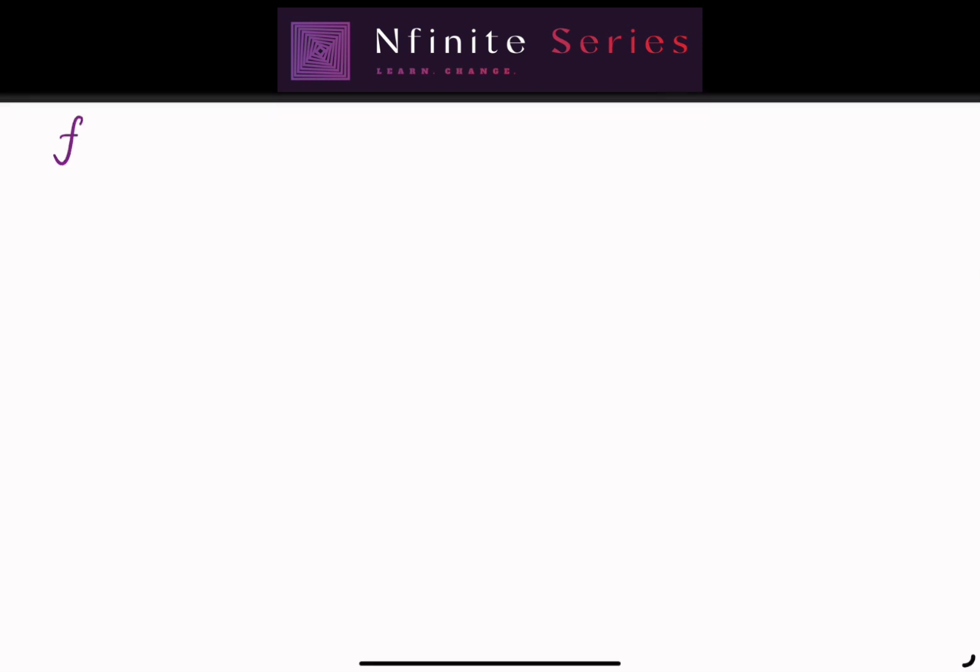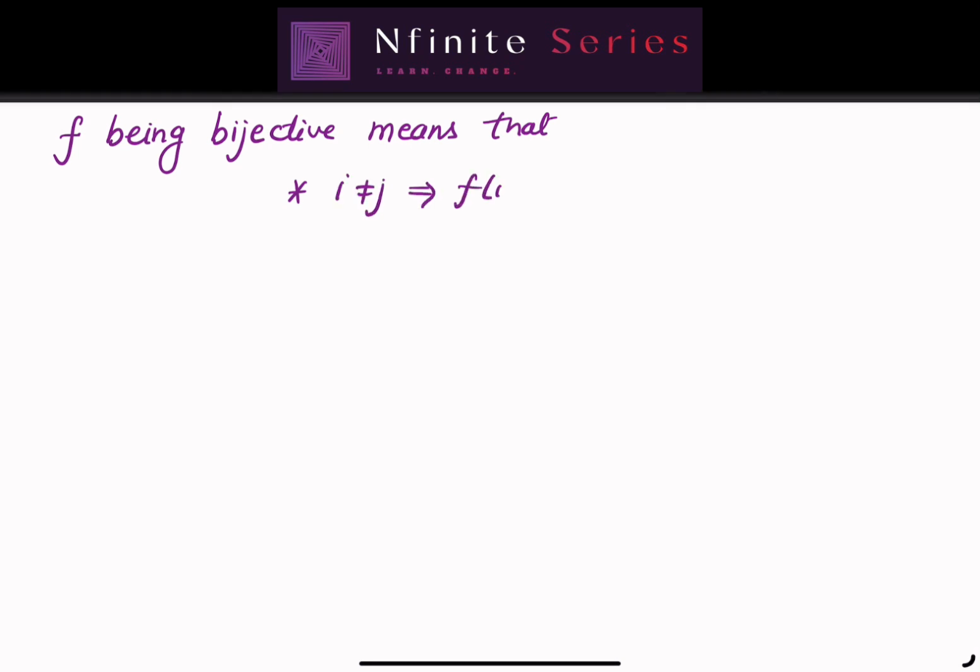Now, what is the meaning of a bijective function? A function f being bijective means that it has to satisfy the following two properties. The first property is, if you take distinct inputs i not equal to j, then the output is also distinct, f(i) is not equal to f(j). This property is also called the injective property or one-to-one property of the function.